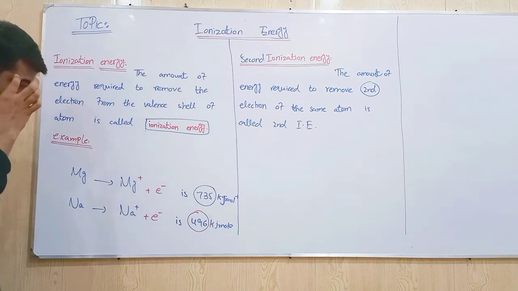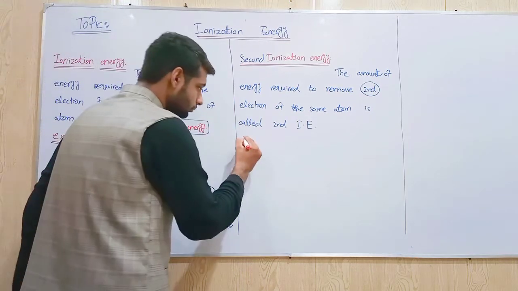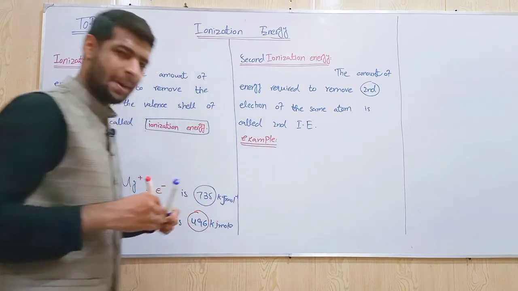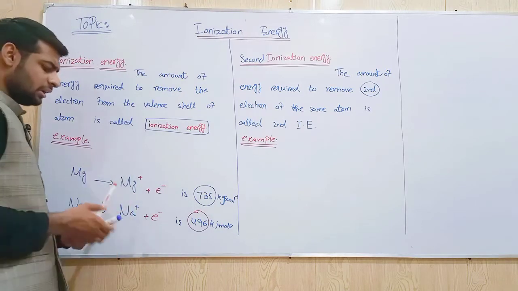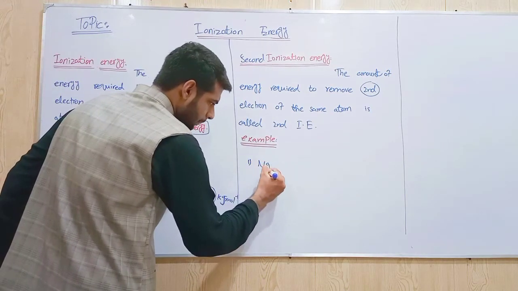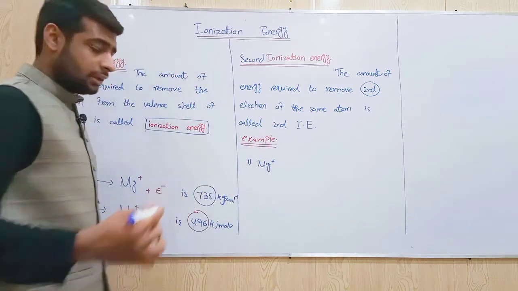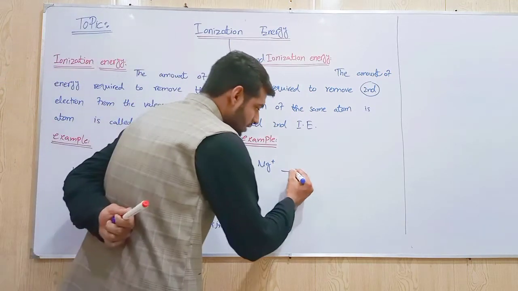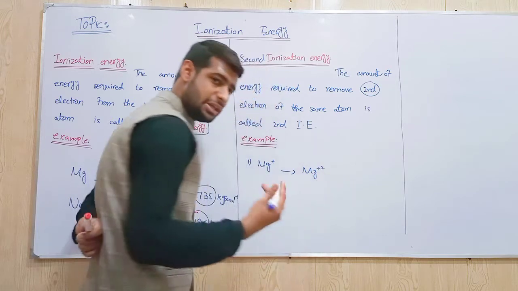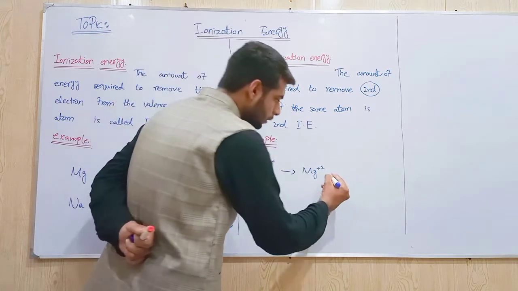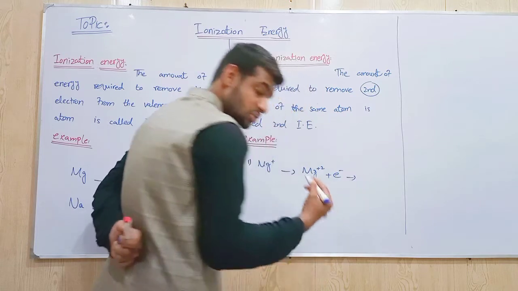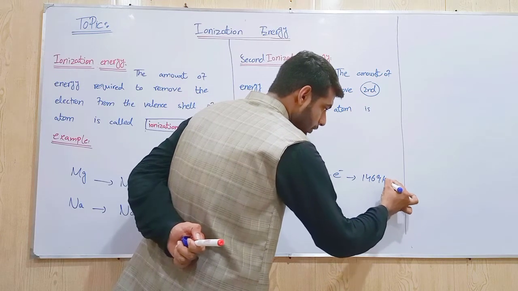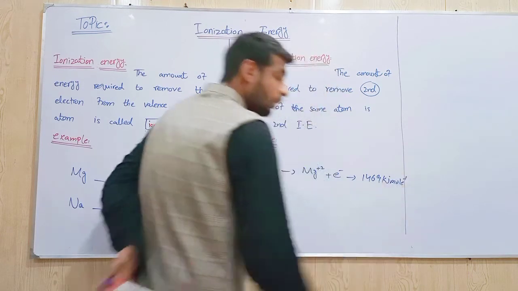And we will discuss the second ionization energy example. What are the examples of second ionization energy? Similarly, first Mg positive, and then when the second electron is removed from this atom, we get Mg 2 positive, meaning 2 electrons are removed from this atom, and this energy is 1469 kilojoule per mole.